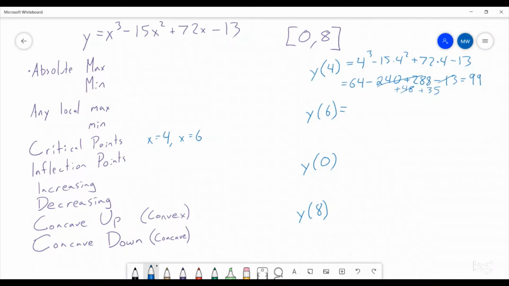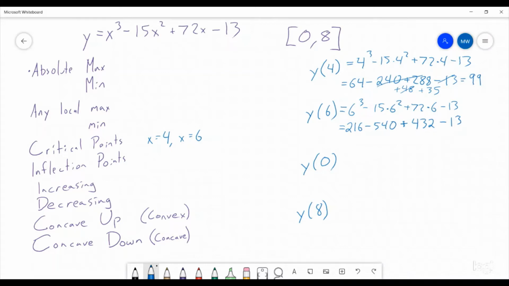We now look at y of 6. So y of 6, that's 6 cubed minus 15 times 6 squared plus 72 times 6 minus 13. 6 cubed is 216 minus 15 times 36, that's 540, plus 72 times 6, that's 432, minus 13.